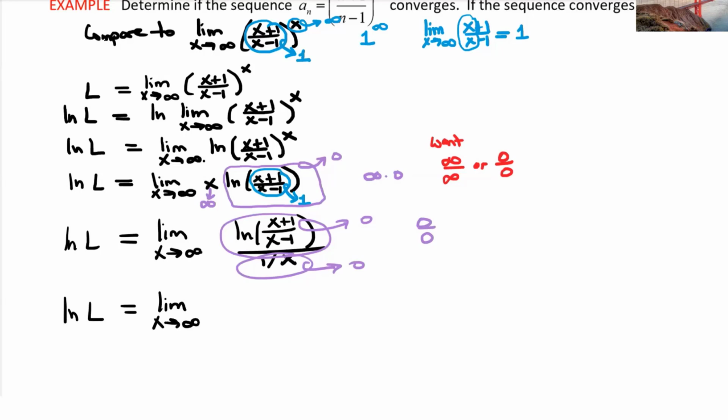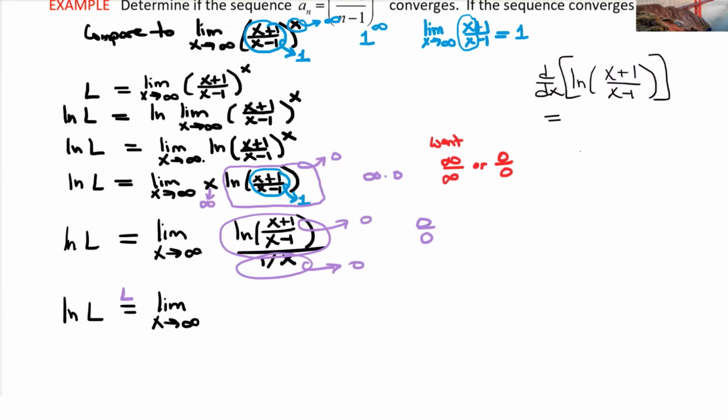Now, how do you take the derivative of natural log of (x plus 1 over x minus 1)? Using L'Hopital's rule, let's go off to the side. I think it'll be easier. So I'm going to differentiate the natural log of (x plus 1 over x minus 1) with respect to x.